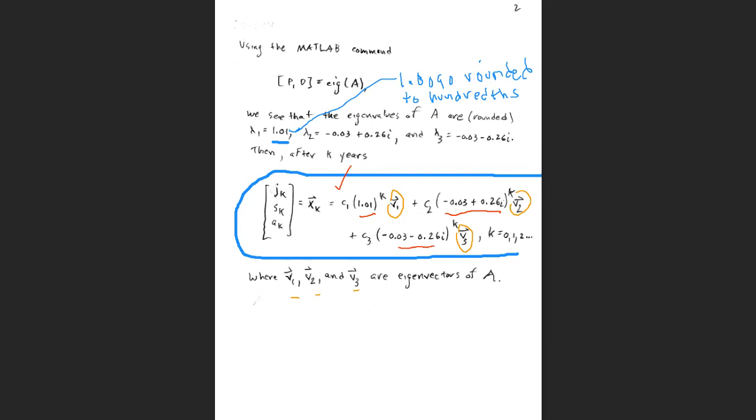Well, not quite that. To determine the evolution of this system, to determine what's going to happen for the spotted owl population in the future, there are 3 entries here in the solution. Here's entry 1. Here's entry 2.